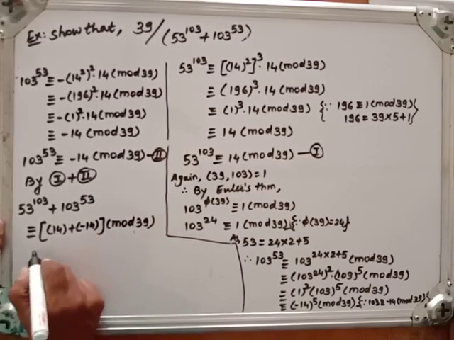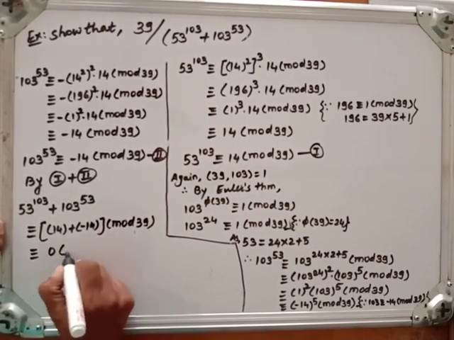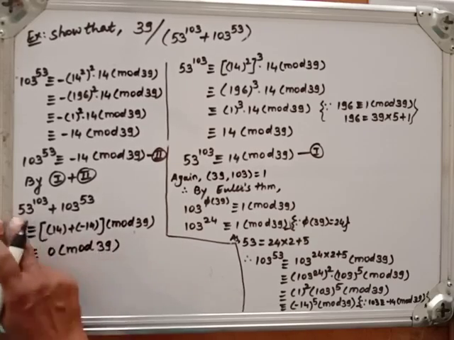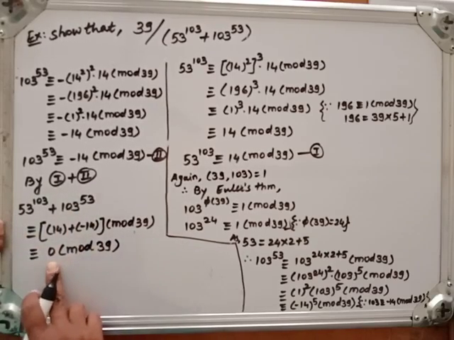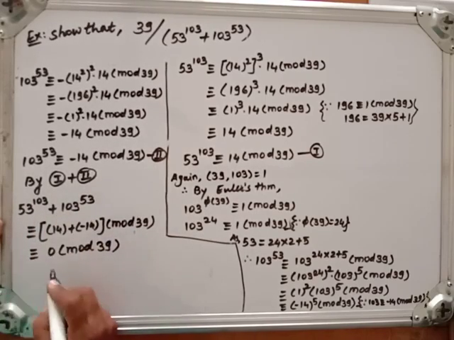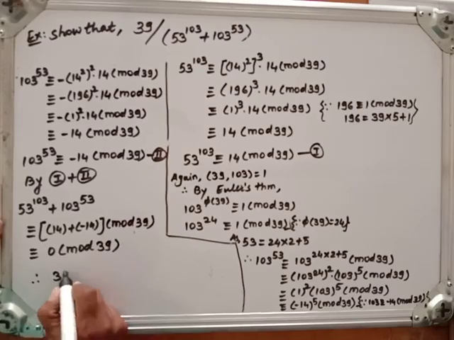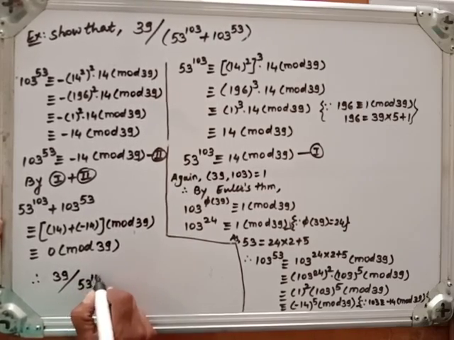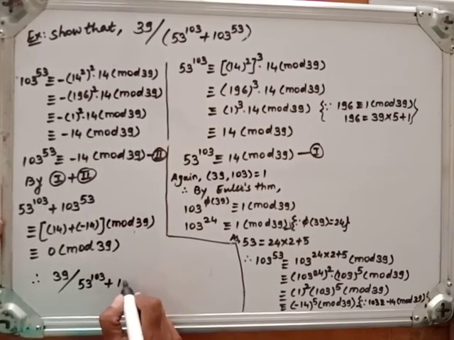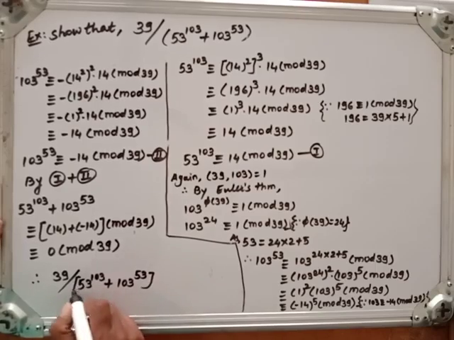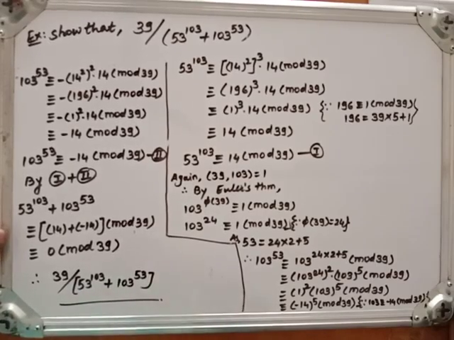That is 0 modulo 39. And the same we want, the remainder of this addition should be 0. Then we can say 39 divides this addition. Therefore, 39 divides 53 raised to 103 plus 103 raised to 53. This is our answer here. This is the required part.